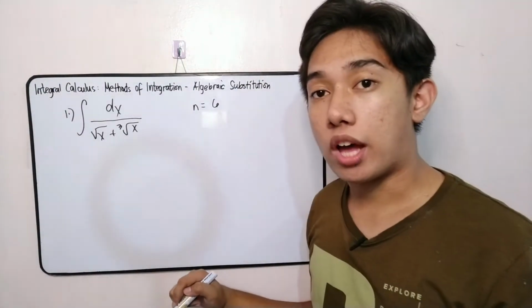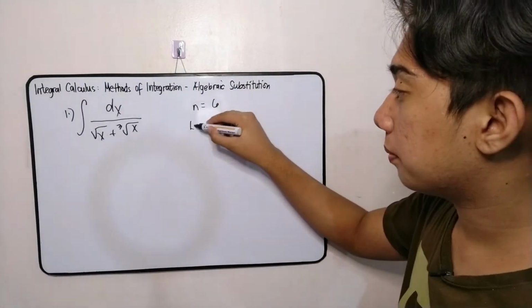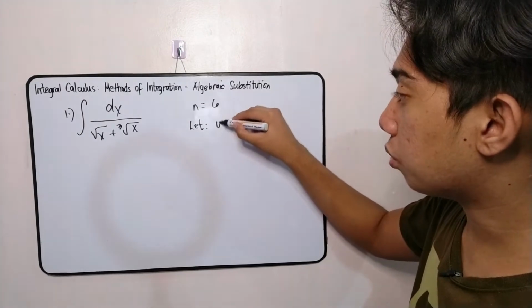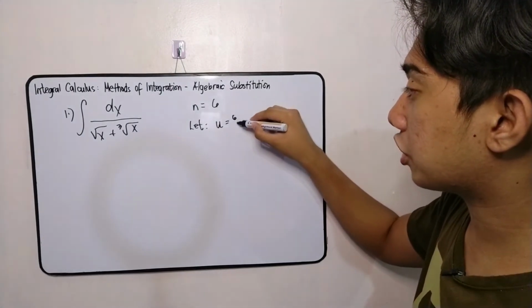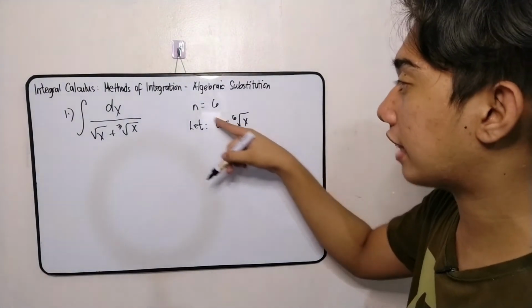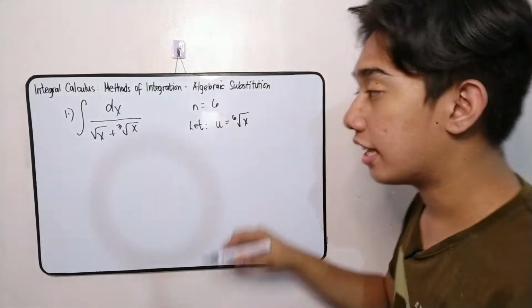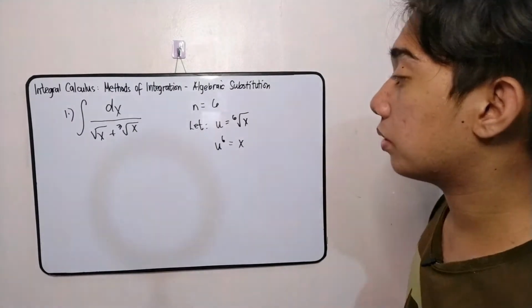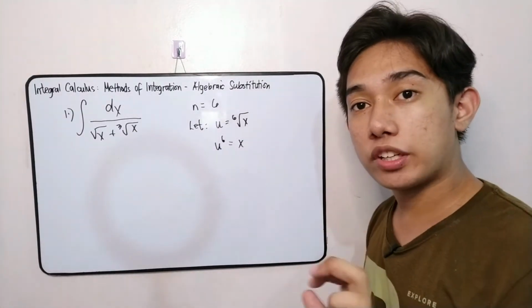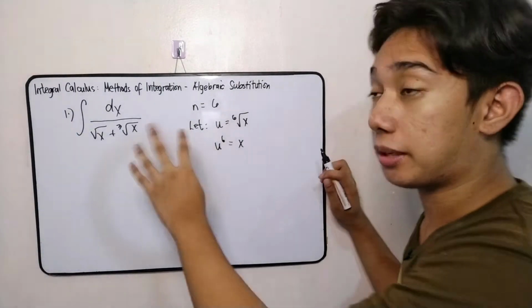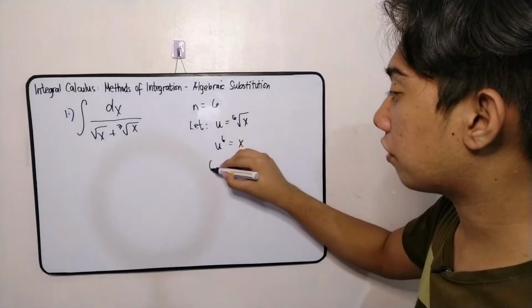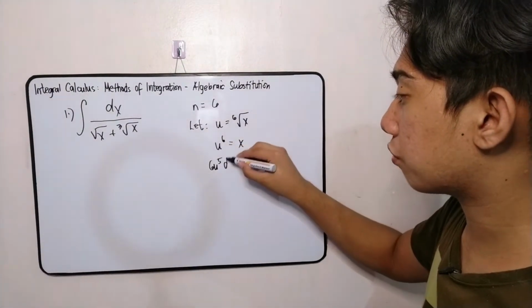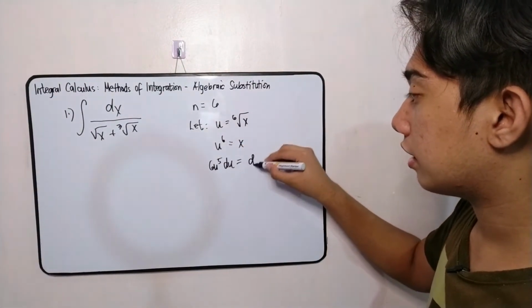And after this one, we will assume u as the 6th root of x. Kasi yung ating n is 6, okay? Or in other words, u raised to 6 is equal to x. Then don't forget to differentiate this one because this is a part of the solution. So to differentiate this, 6u raised to 5 du is equal to dx.